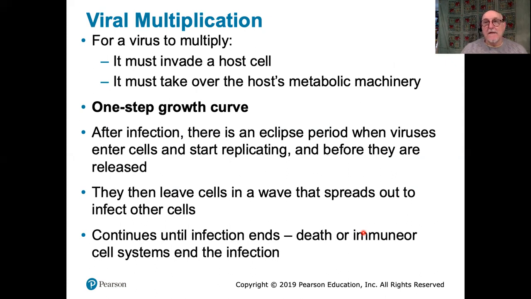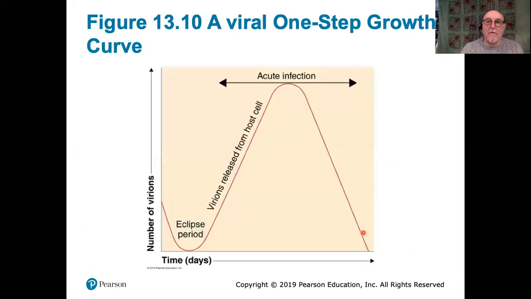When we look at the viral growth curve, we see that it looks somewhat different to the growth curve of the bacteria that we saw before. It's really a one-step growth curve, where before we had that complex curve, the lag period, then exponential growth, then a stationary period, and then a period of decline and death.